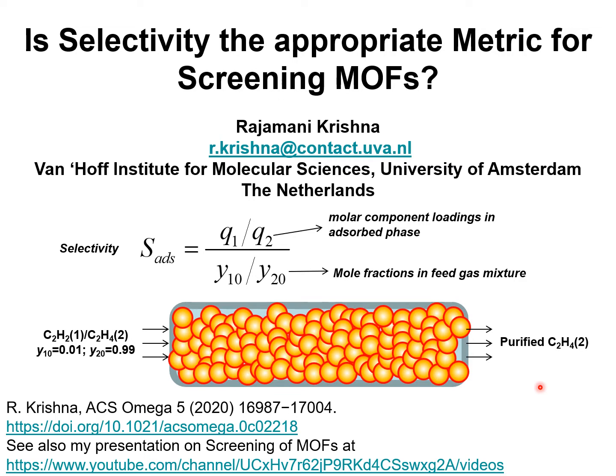And the question arises whether the adsorption selectivity is the appropriate or indeed the only metric that governs the separation performance in a fixed bed adsorber. We address this question by using this mixture separation as an example.